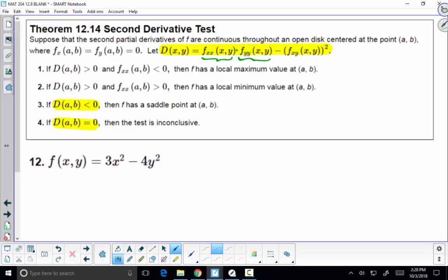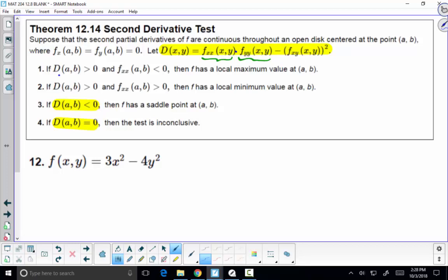Now, if D is going to be positive, the only way that can happen is if f sub xx and f sub yy have the same sign. Right? If this whole thing is going to be positive, we're subtracting off that. That means this has to dominate, which means f sub xx and f sub yy must have the same sign.